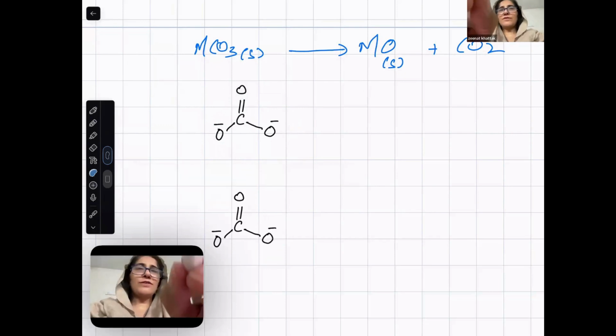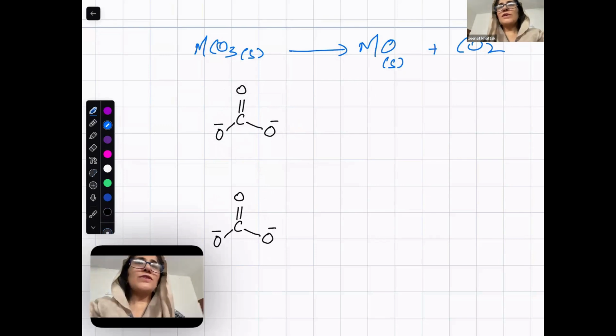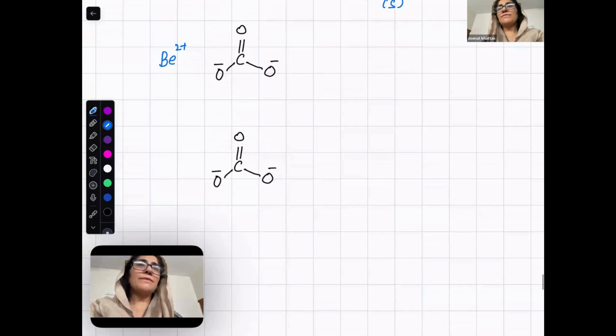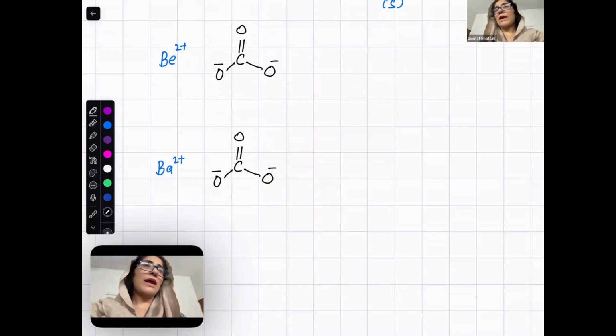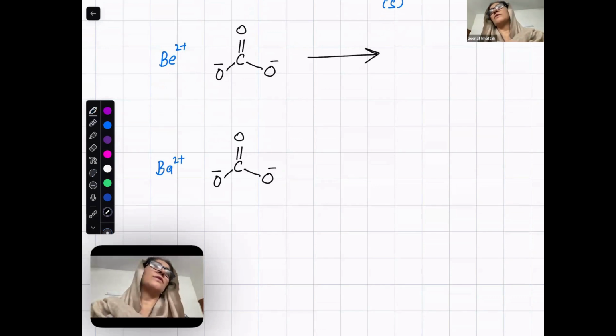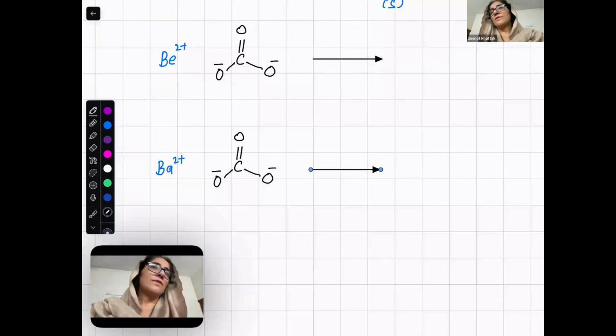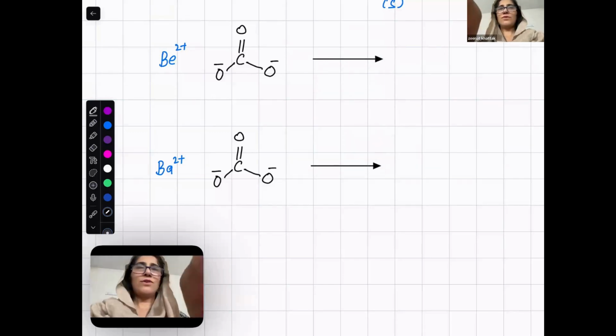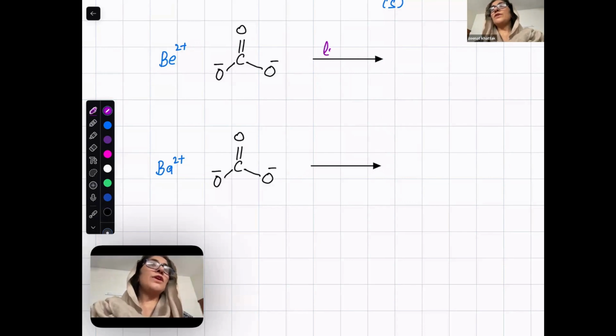These are two carbonates. This carbonate is with beryllium, and this carbonate is with barium. And this needs low temperature.